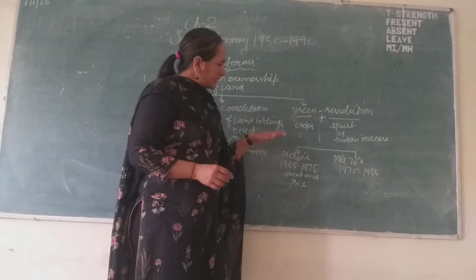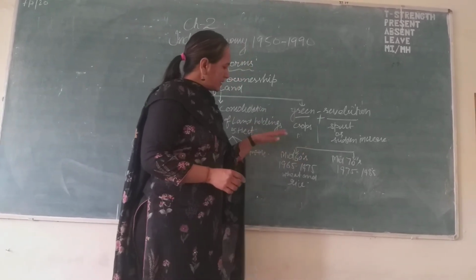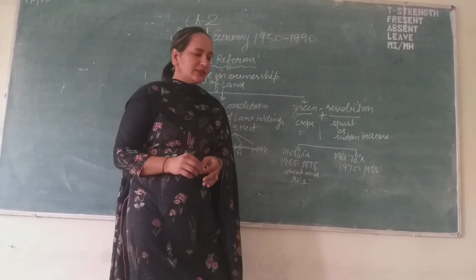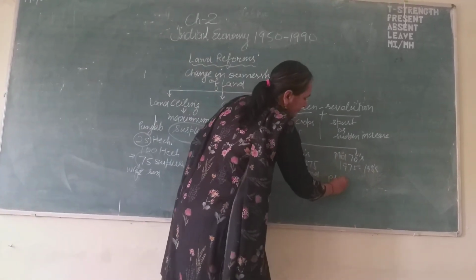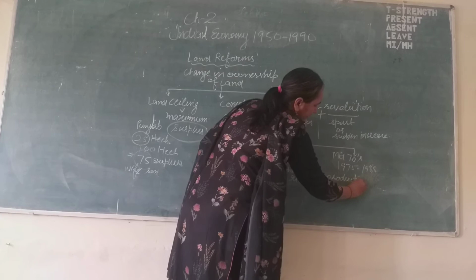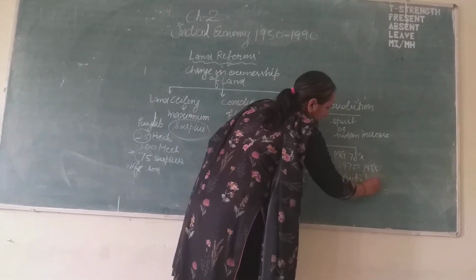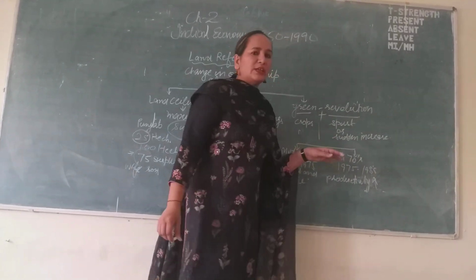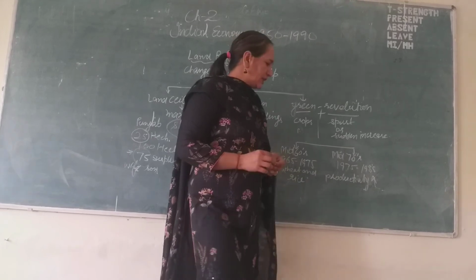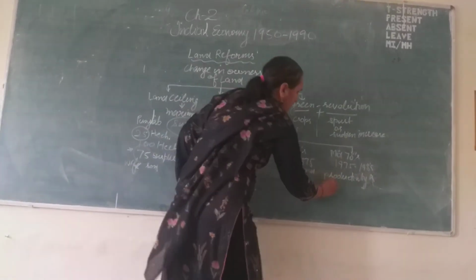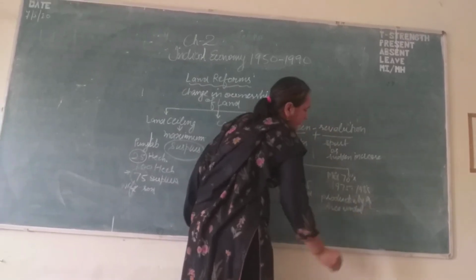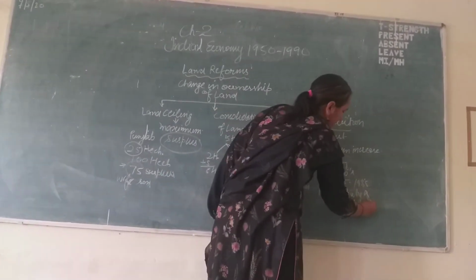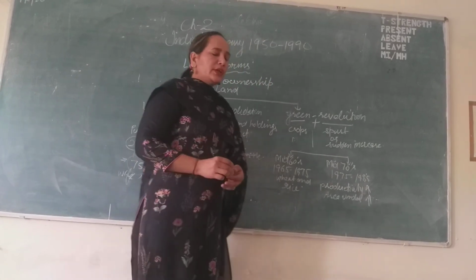This green revolution has certain merits and demerits. First merit is productivity has increased. Productivity means per hectare output, which has increased 3 to 4 times as compared to independence. Area under cultivation has also increased as compared to independence.